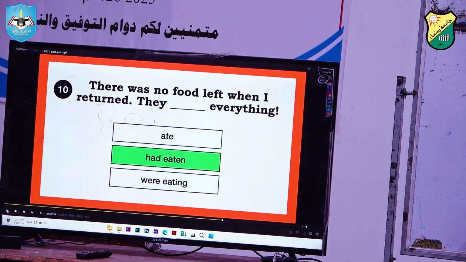Because the food is not there. So there was no food left when I returned, meaning there was no food left in the house. So they had eaten everything. Which action happened first? They had eaten everything. Why? Because when this person arrived, there was nothing left in the house.